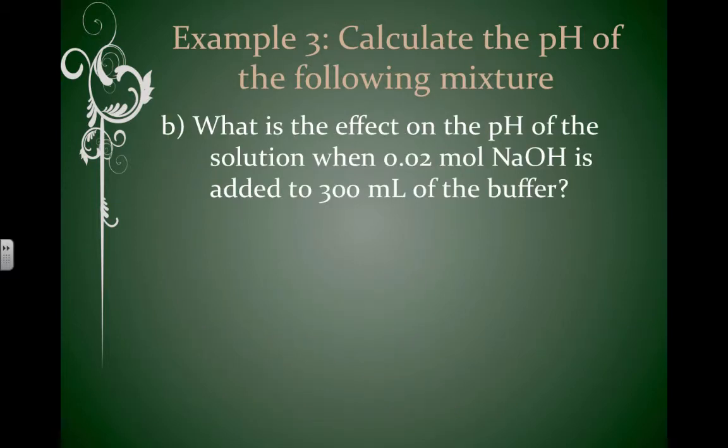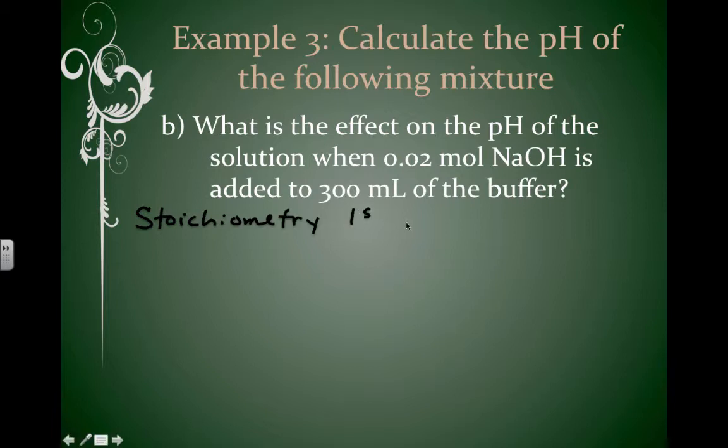But part B says, what is the effect on the pH when 0.02 moles of sodium hydroxide is added to 300 milliliters of this buffer? So when we have this type of problem, we have to worry about the stoichiometry first, and then the buffer system next.